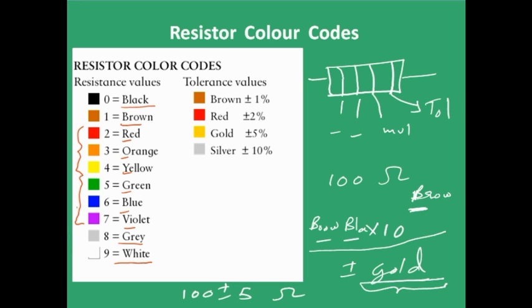And let us solve 2 more or 3 more examples so that you get some clarity. Now, help me in solving this. As usual, we'll place some dashes here. First, I have yellow, and yellow is for 4. And next, I have violet, which stands for 7. And next, I have red. Red is for 2.